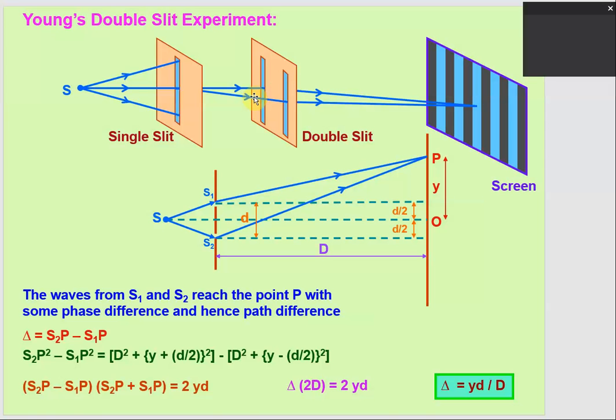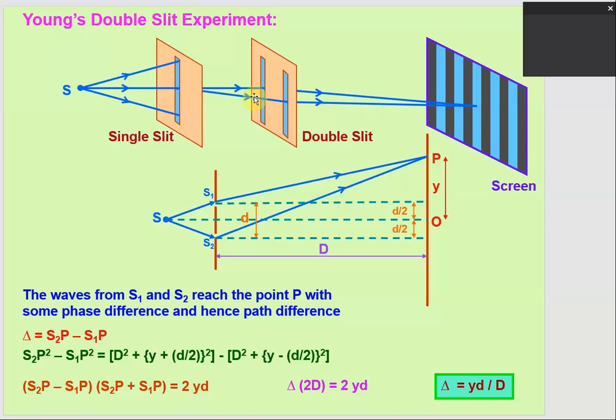If they have a phase difference, it should remain constant and not change. If two light waves possess these properties together, then they are called coherent light waves.